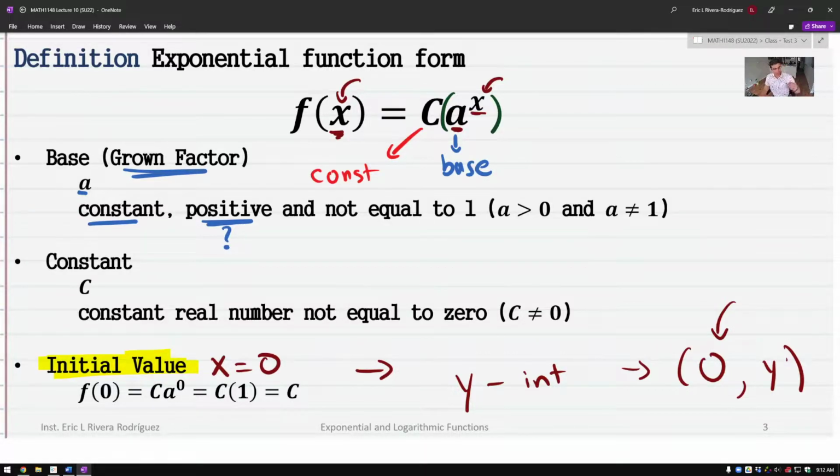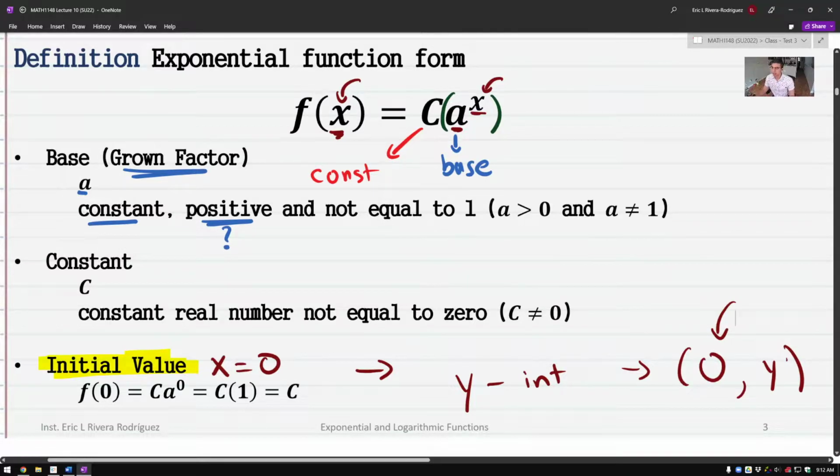So we are on top of the y-axis. So the initial value is also related to the y-intercept because the x value is equal to 0. We are going to see that in just a moment.